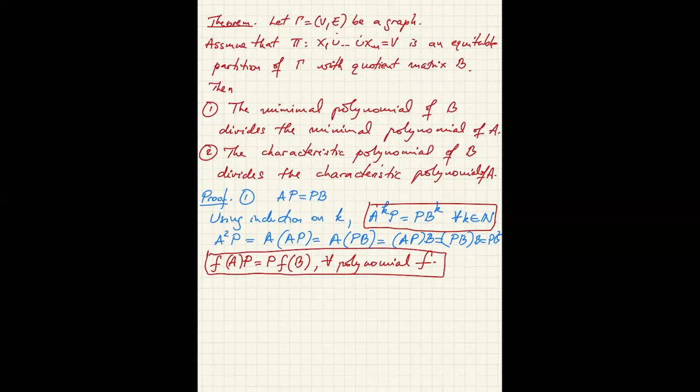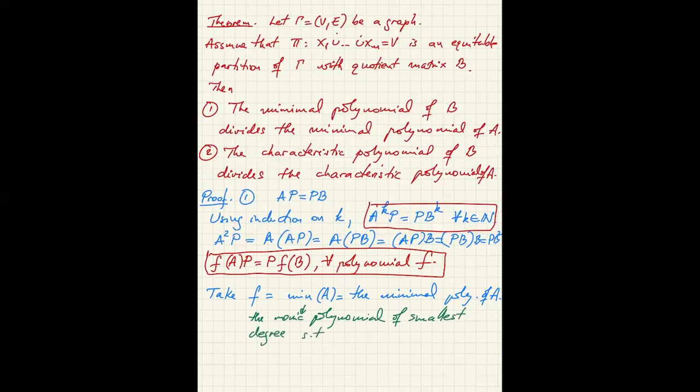And now to prove the assertion, we take F to be the minimal polynomial of A. I'll just call it min A. Okay, so as you remember, the minimal polynomial of A, by definition, is the monic polynomial of smallest degree such that the matrix A vanishes.